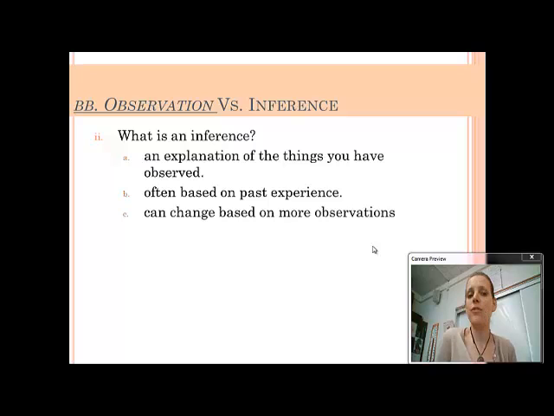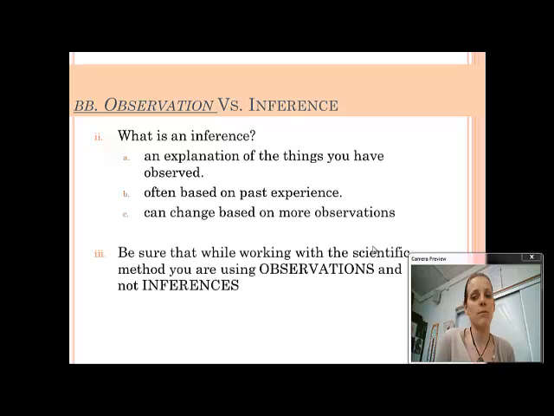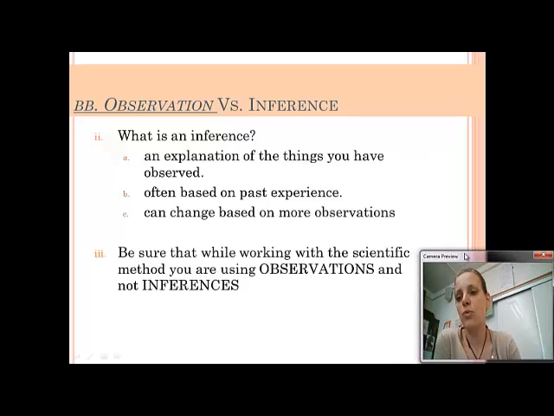However, your inferences can change based on more observations. So sometimes, for different reasons, people will set up model stoves. Maybe they're trying to sell the stove and they want to make the stove look more appealing and demonstrate that it does in fact get hot if it were turned on, plugged in, turned on.